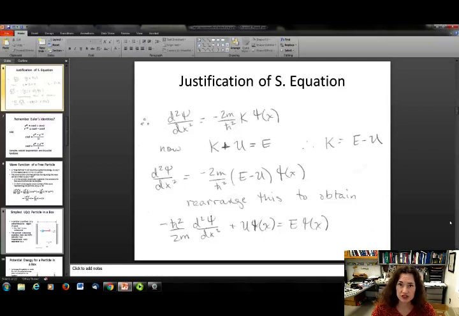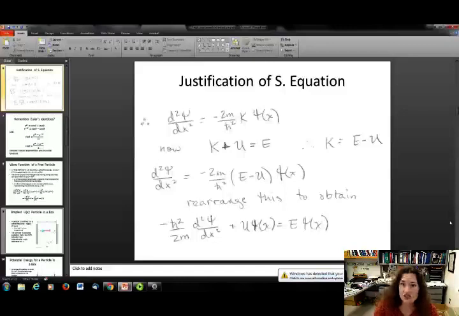The mechanical energy is always the sum of the kinetic and potential energies, K plus U. If we rearrange that, K is equal to the energy minus the potential energy, E minus U. So now let's plug that in. The second derivative of our wave function with respect to position is equal to minus 2m over h bar squared times E minus U times our wave function. Then you can rearrange that to obtain the Schrodinger equation.